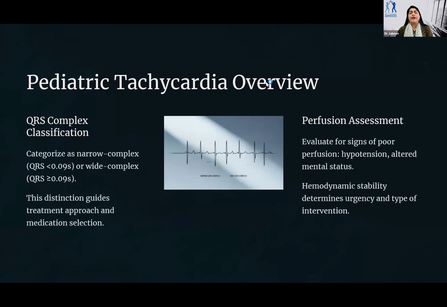So at any point you come across pediatric tachycardia, two things to look at: QRS complex and perfusion assessment. Is it a narrow complex tachycardia? Is it a wide complex tachycardia? Does the patient have good perfusion or poor perfusion? Based on that, your treatment strategies will be decided.